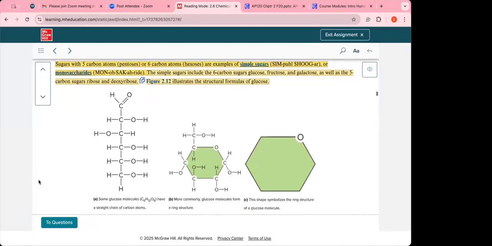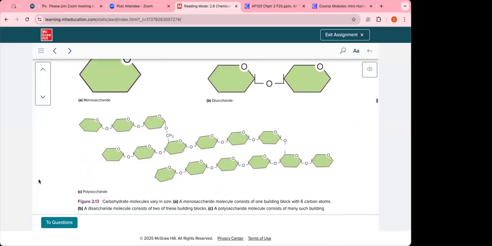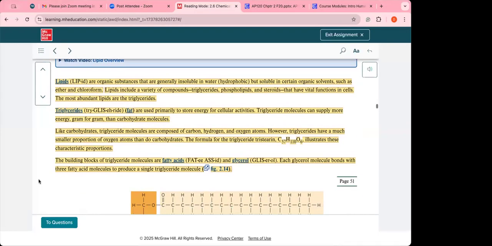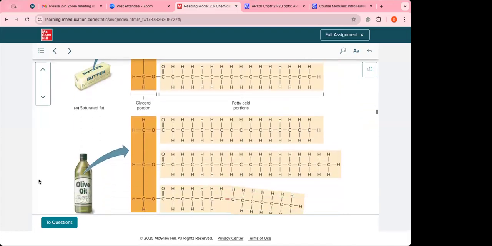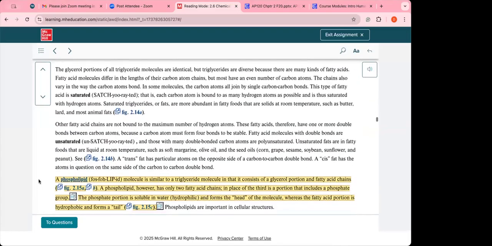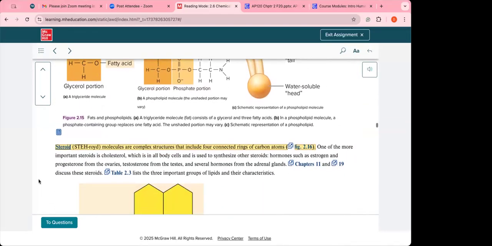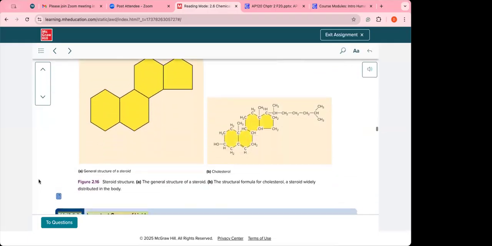Okay, you have to scroll down some more. Find the amino acid. Okay, so keep going. That's still carbs. Keep going. Okay, so keep going.